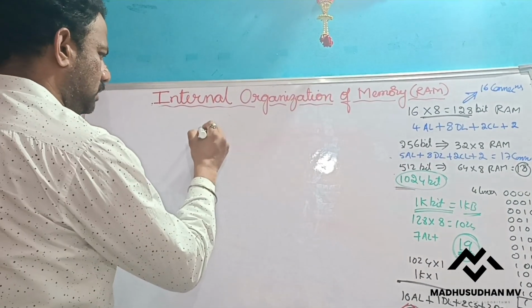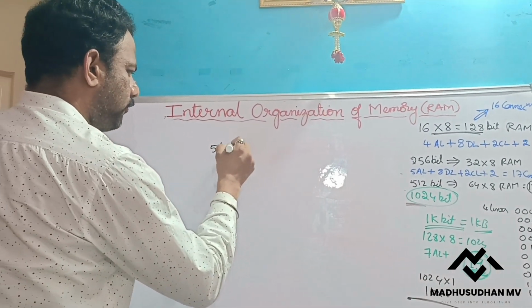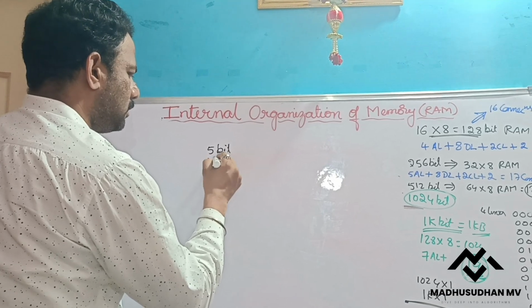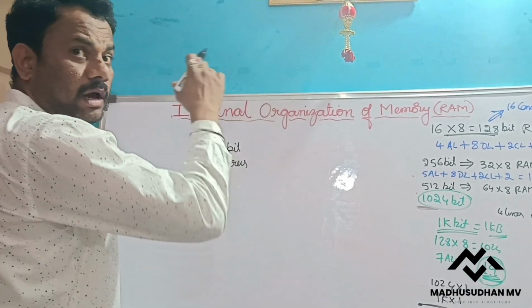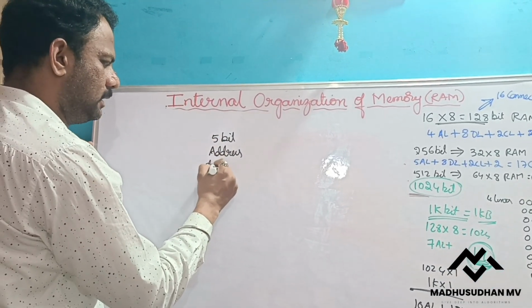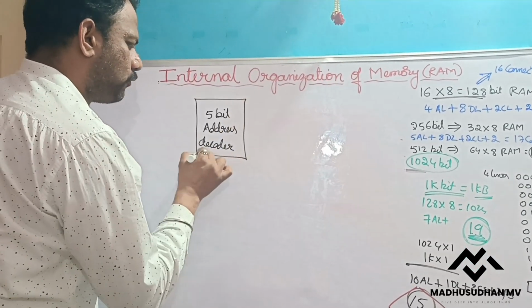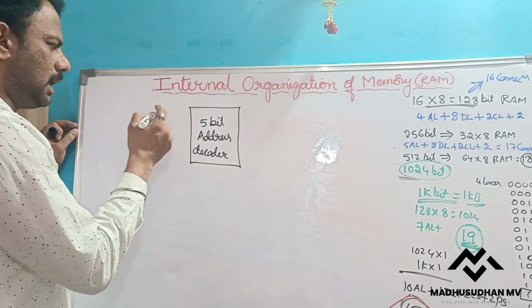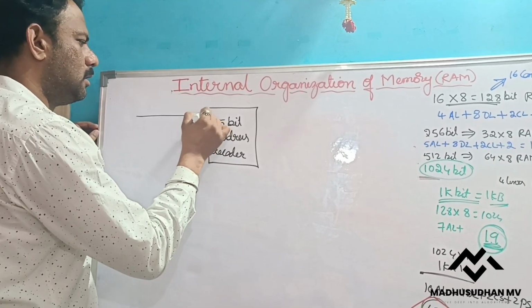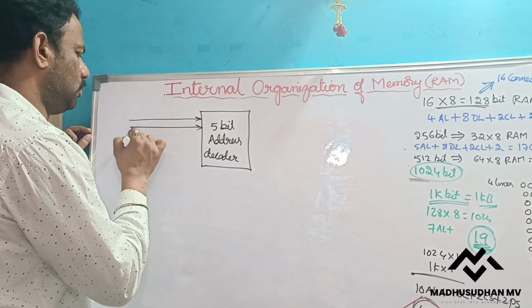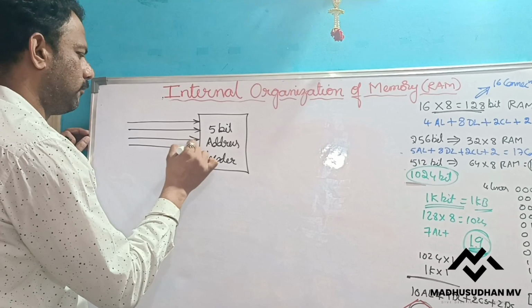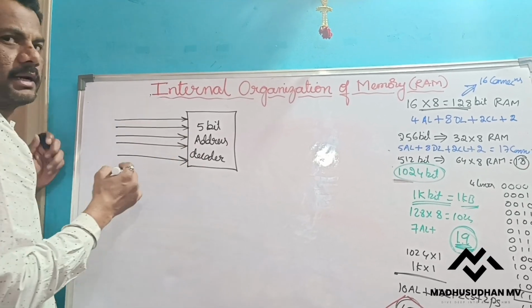Now I will use a 5-bit address decoder. Just as I used a 4-bit address decoder there, similarly now I will use a 5-bit address decoder. So a 5-bit address decoder, how many lines should you get? 5 address lines.